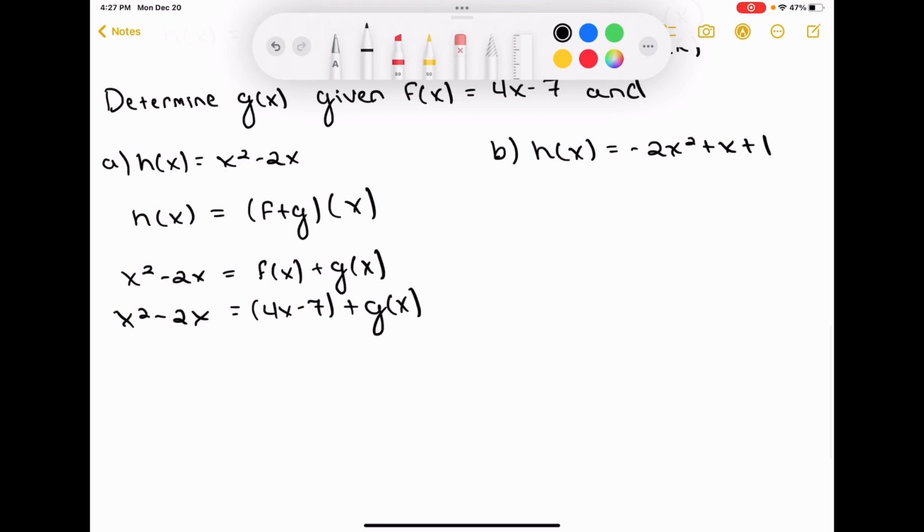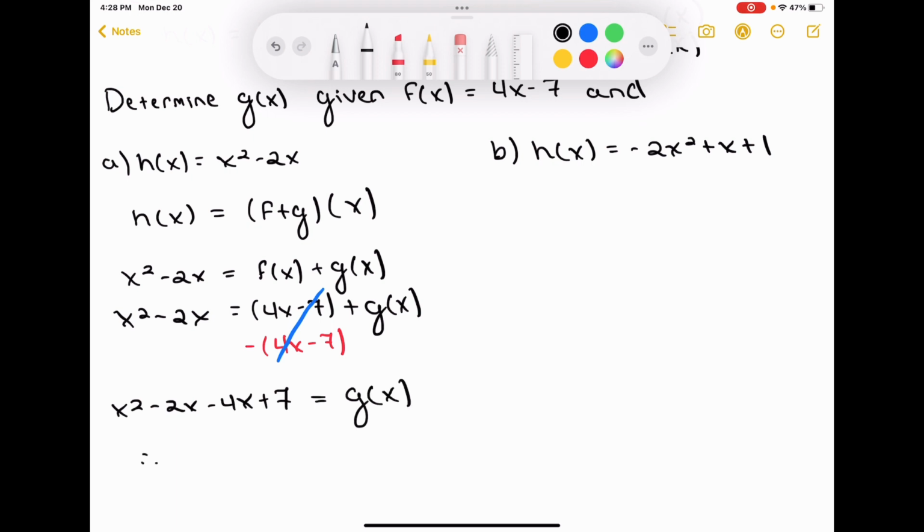Now to get g of x alone, we're going to subtract away everything in the brackets here. So we subtract 4x minus 7, that entire thing. It's going to cancel on the right here. And then we're going to have x squared minus 2x minus 4x. And then the negative and negative is going to give us a positive 7 if we move a negative to the other side. And this is all equal to g of x.